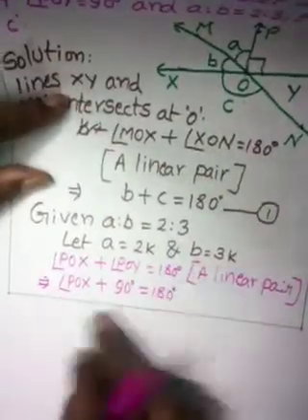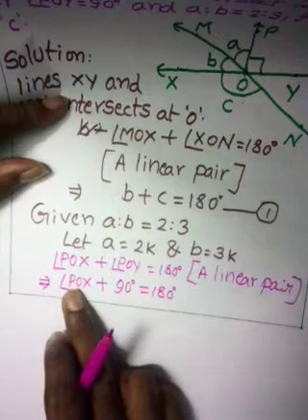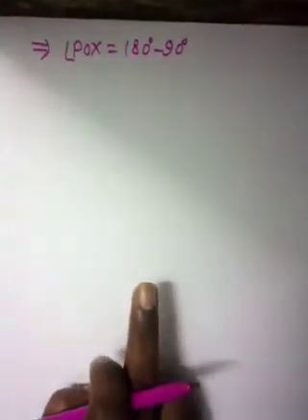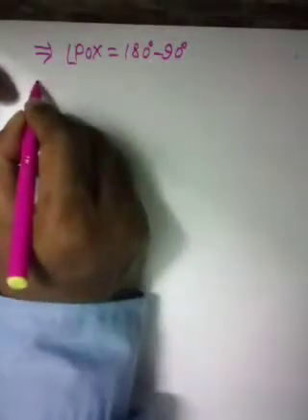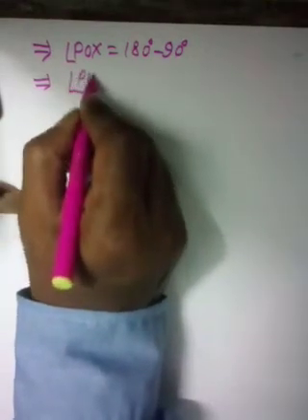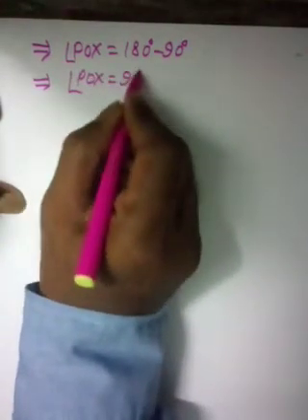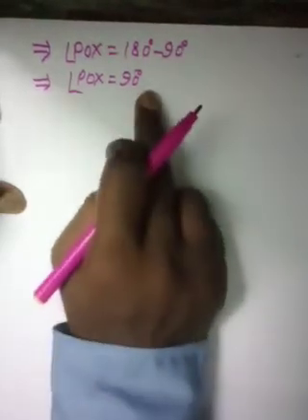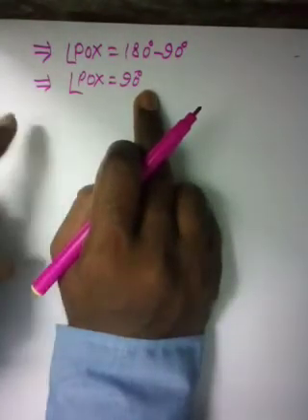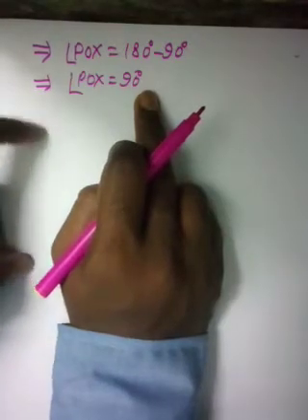Okay, my children, from this equation, we are solving this equation to find angle POX. Understood this step, my children? Right. So this implies angle POX is equal to 90 degrees. 180 minus 90. What will you get here? 90 degrees. So angle POX is equal to 90 degrees we got here.